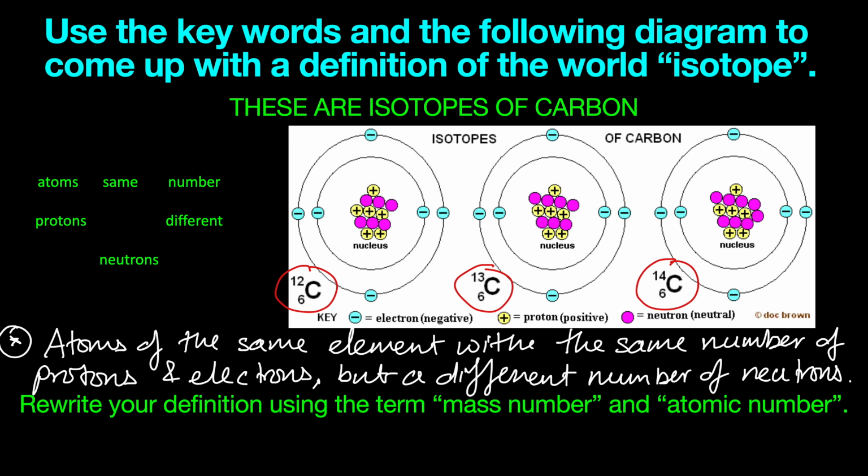As we know, the one on the top is the mass number, and this shows us the number of protons plus the number of neutrons. The atomic number on the bottom shows us the number of protons, which in atoms is equal to the number of electrons. So our definition would be atoms of the same element with the same atomic number, but different mass numbers.